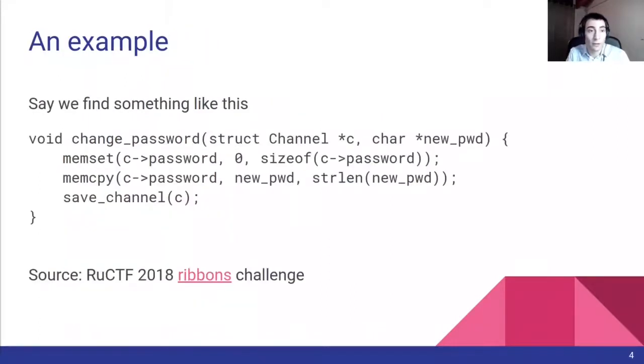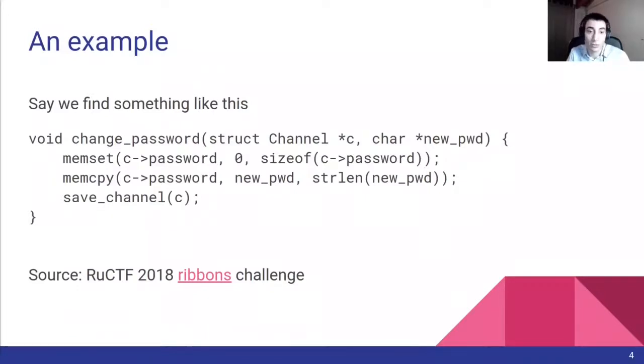I like to go by example, and I will use a real-world example taken from the CTF 2018 Finals Ribbons challenge. This challenge had a function which is this, and it has a vulnerability in the memcpy usage. You may already have spotted it. The memcpy uses as its length the string length of the new password.